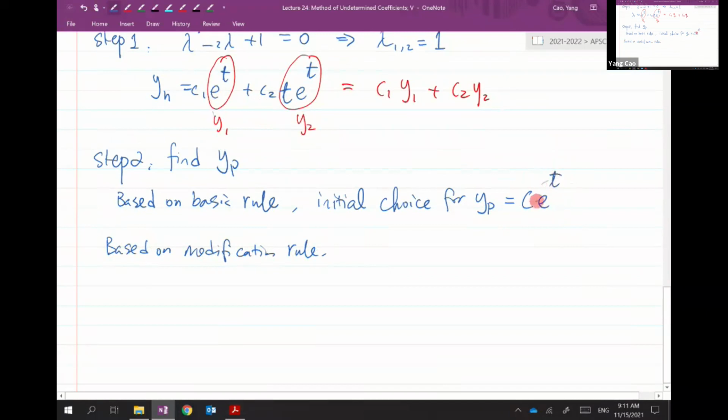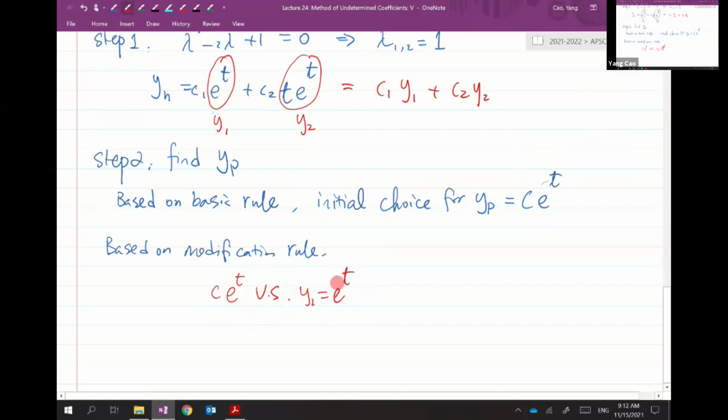So you compare it with y1, which equals e to the power of t. These two are apparently exactly the same, since the C here is just a constant. So this is the same.